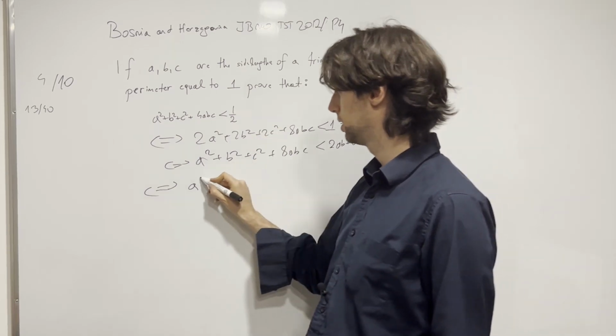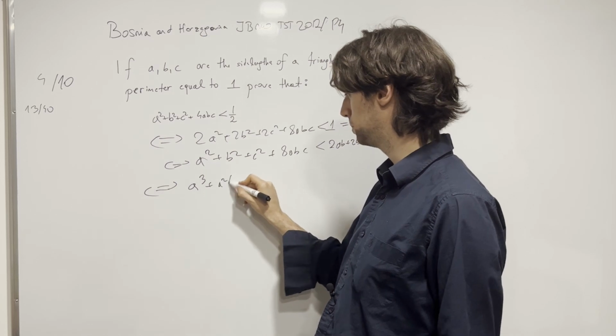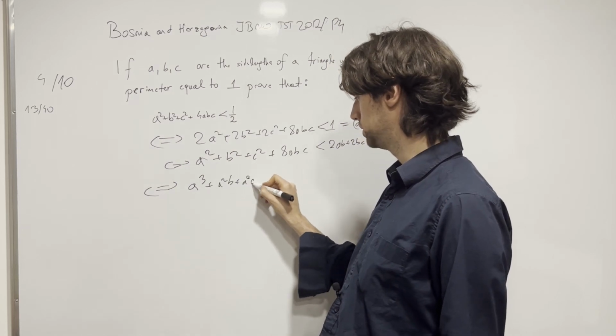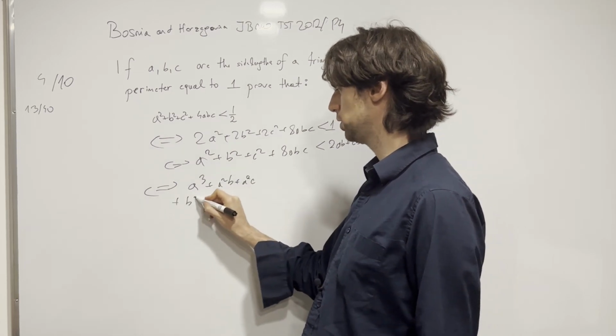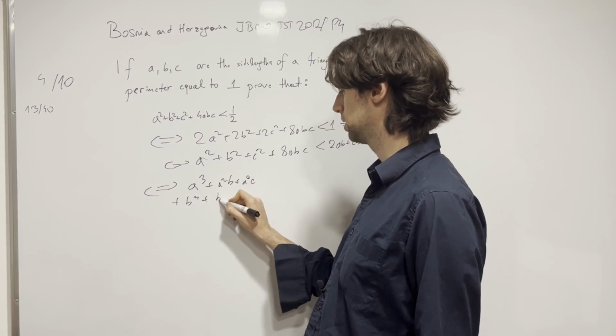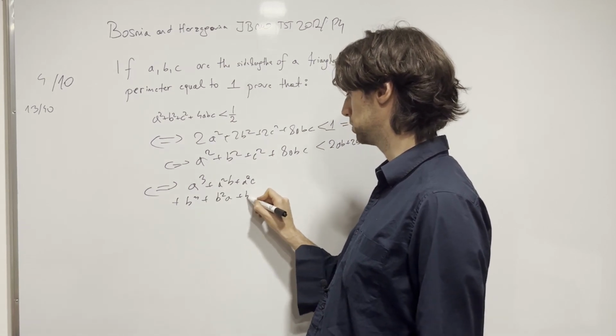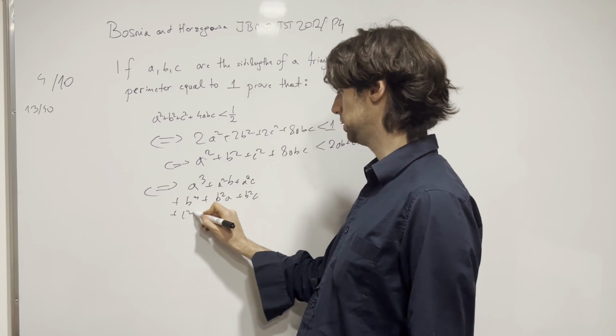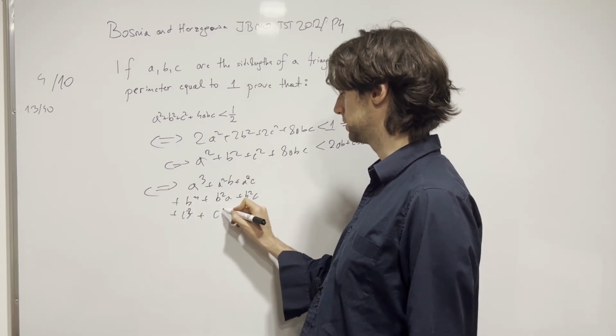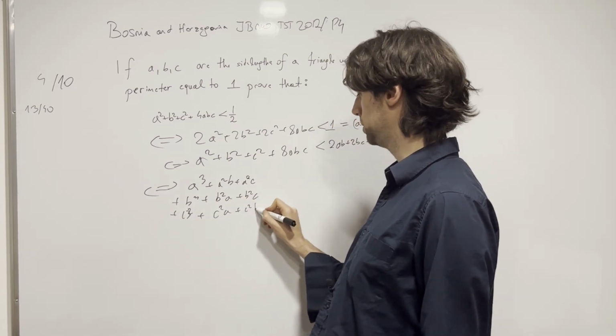We will have a cubed plus a squared b plus a squared c plus b cubed plus b squared a plus b squared c plus c cubed plus c squared a plus c squared b.